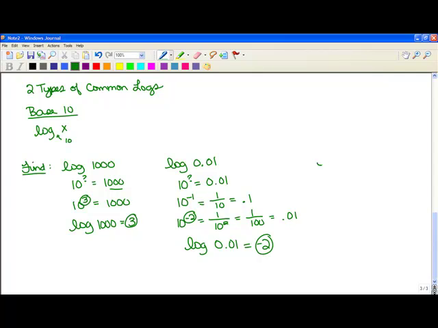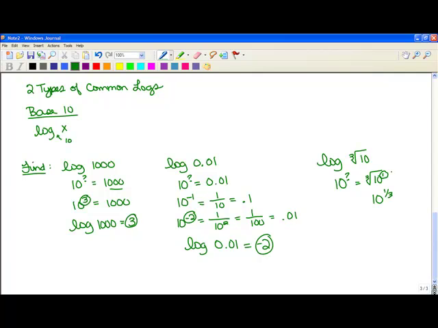One more problem. Find the log of the cube root of 10. Again, we know that the base is 10, so 10 to what power is equal to the cube root of 10? If we change our cube root to a power, then we know the answer. This is 10 to the first, so the power here would be 1/3.